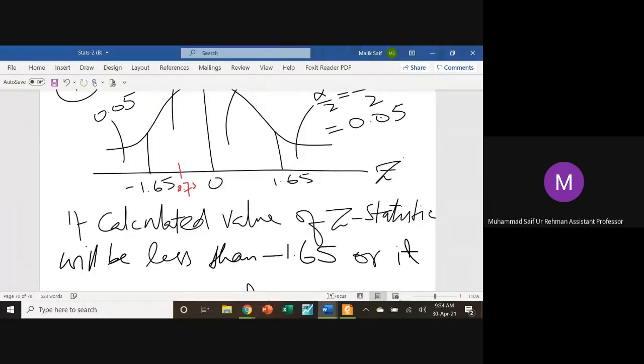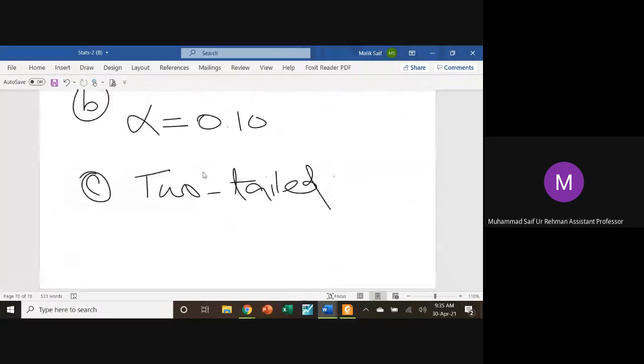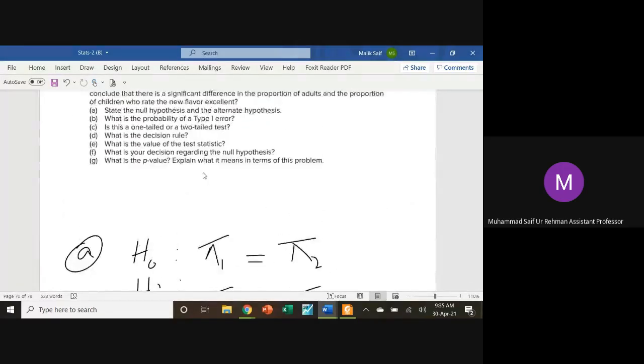Minus 0.76 is greater than minus 1.65, so it is in the acceptance region. So what will you say? You will say that we have remained unable to reject the null hypothesis.